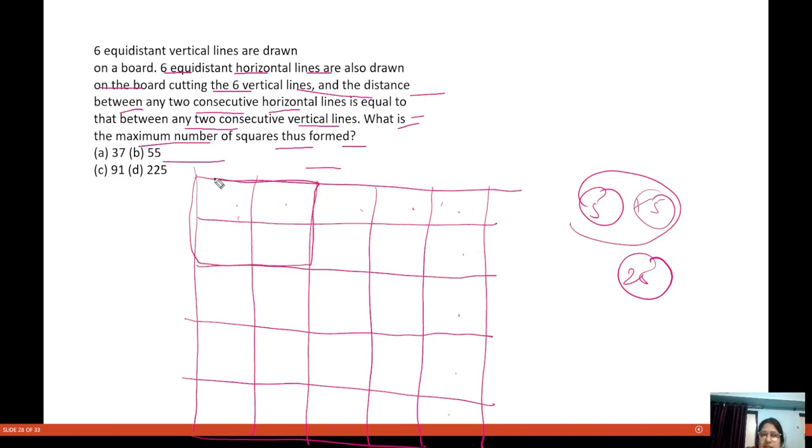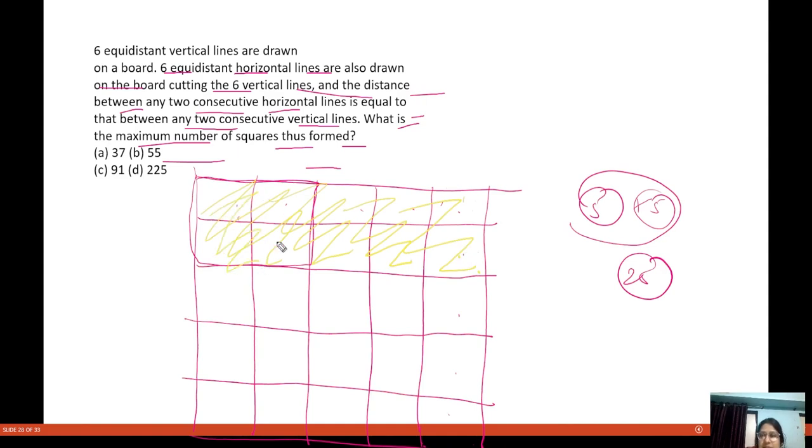Now let us calculate these squares. These are also squares. So how many squares will be there? You have this square as 1, this square as 1, this square as 1, and this square as 1. So for these two rows, how many squares do you have?